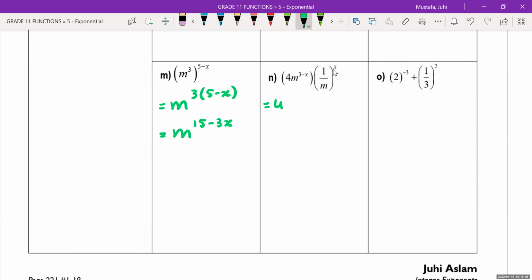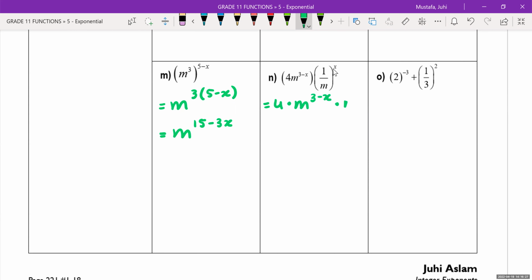It's going to be 4 times, and I'm just going to separate this so we can see that it's distinct, m to the power of 3 minus x times, and now this is going to be a little trippy because what I'm going to do is change the 1 over m to the power of x back into a negative exponent.